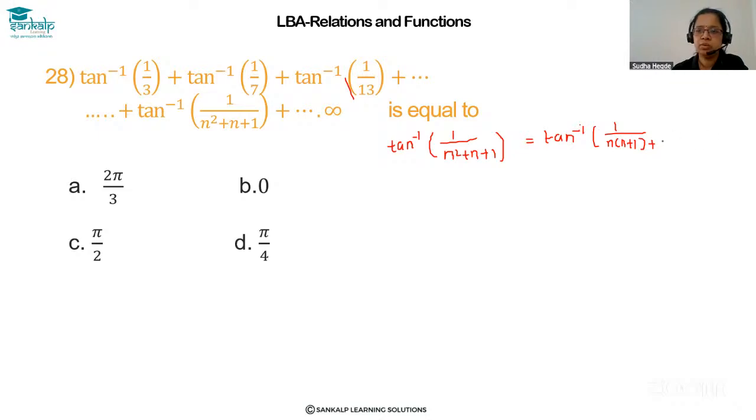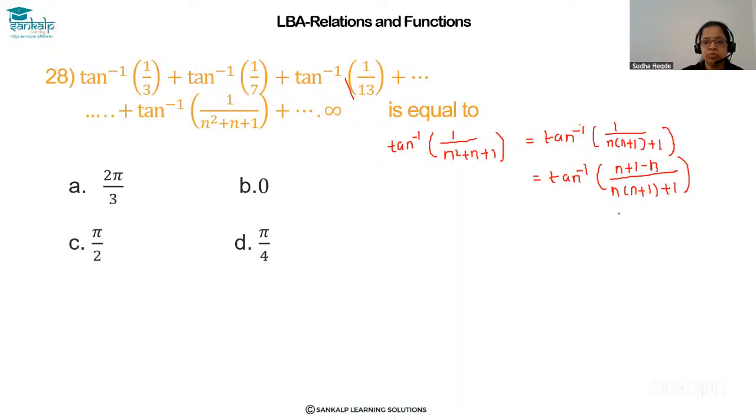Okay, you can rewrite this one as tan inverse n plus 1 minus n divided by n into n plus 1 plus 1, correct? n plus 1 minus n is 1 itself. Denominator I am keeping as it is, correct?